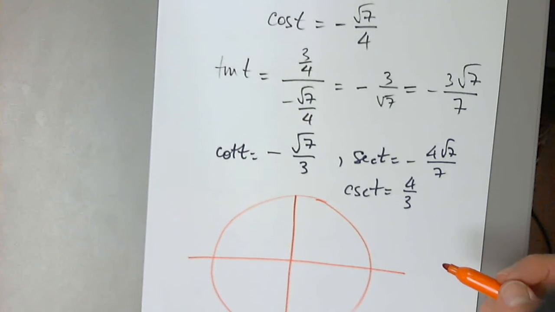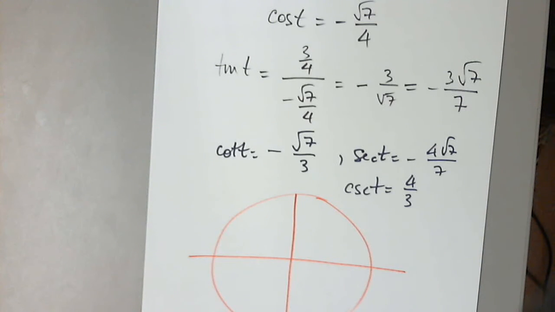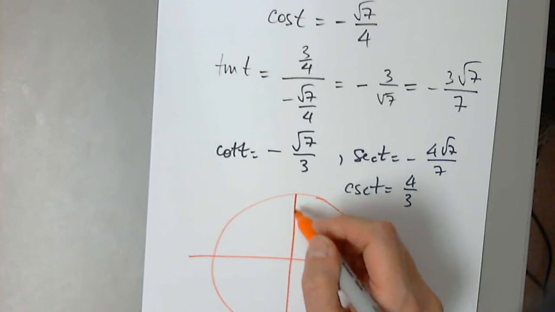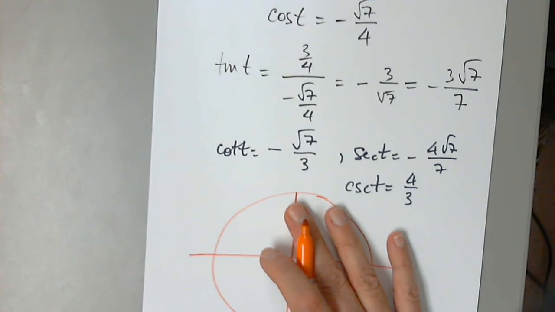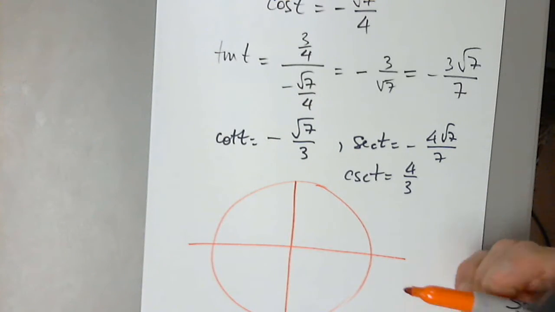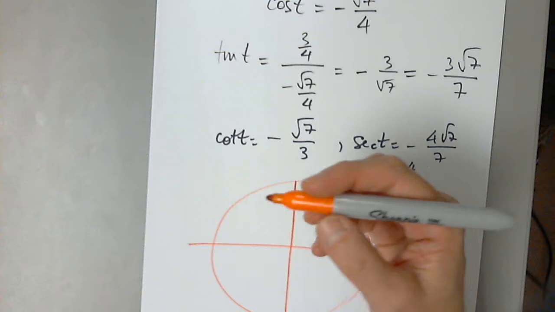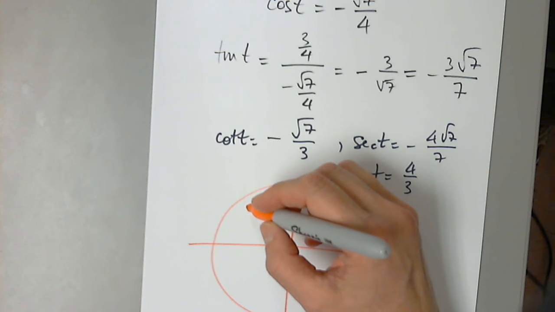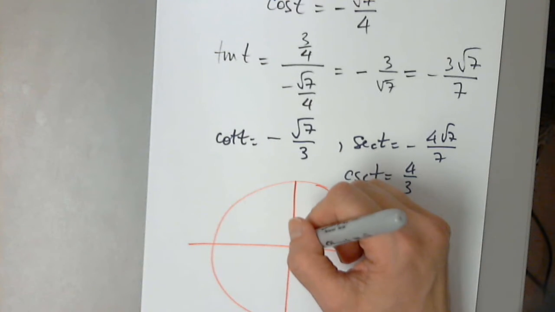Okay, so the second quadrant, and we are told sine is 3/4. So this is not the unit circle anymore. Sine is 3 divided by 4.